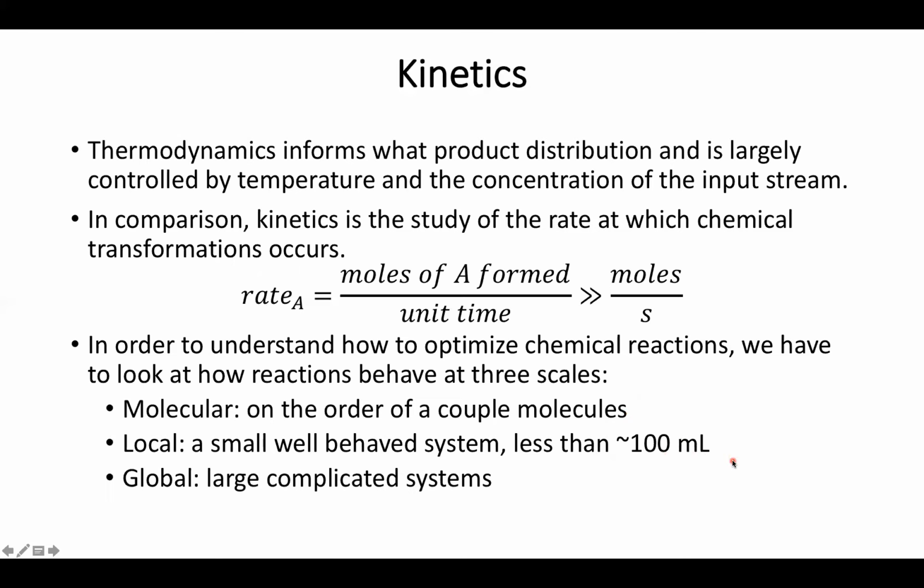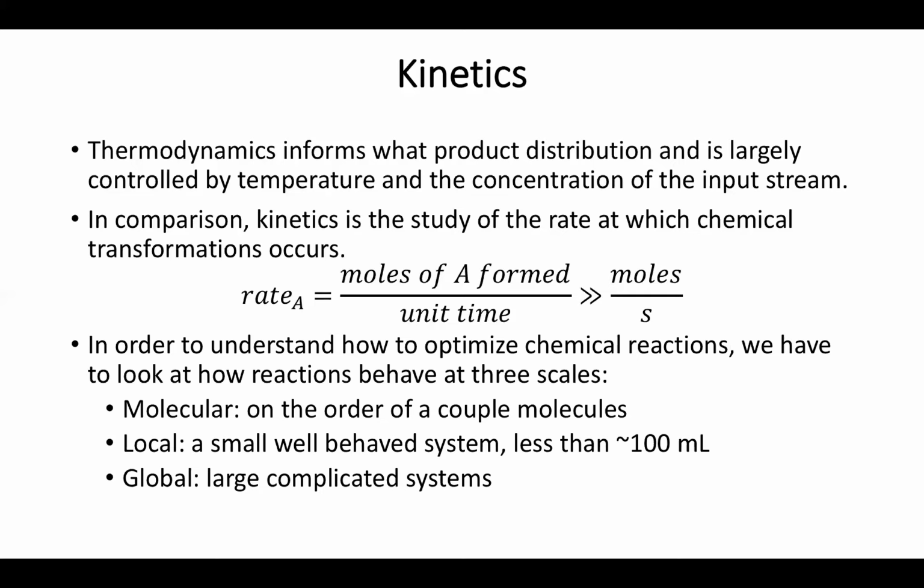However, if we get much larger than a liter, so I'm working at the kilogram scale or larger, a lot more features can start popping up and really control the behavior of our systems. And at this point, we reach what's called a global scale or global limitations on our kinetics. So we're going to walk through these scales and look at what sort of controls we can have on the rate of a reaction and where they kind of emerge.